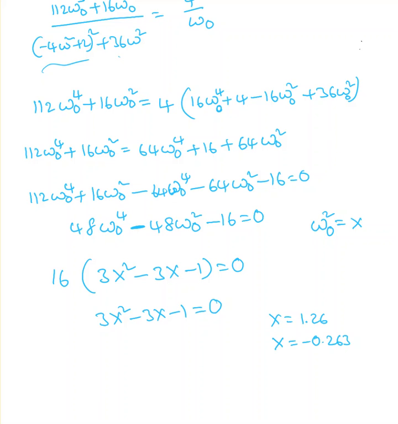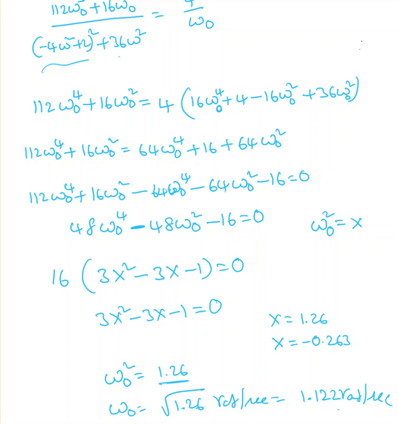Now x is nothing but omega naught square, so omega naught square must be equal to 1.26. So what is omega naught? Omega naught is nothing but square root of 1.26 radians per second. So this value is 1.122 radians per second.